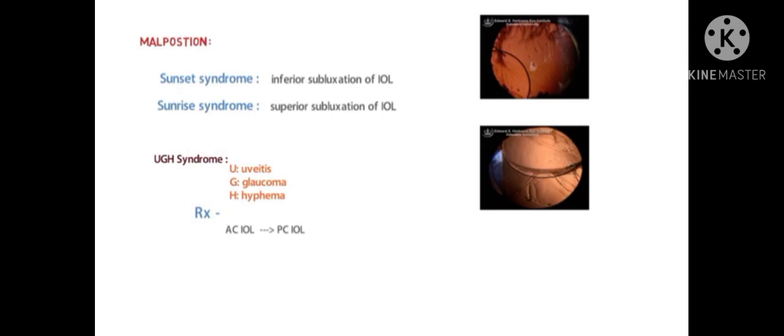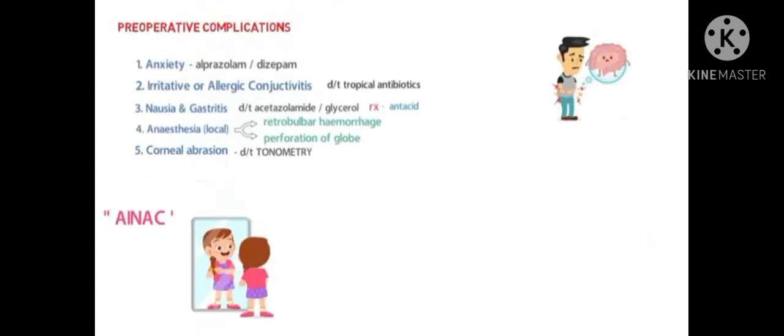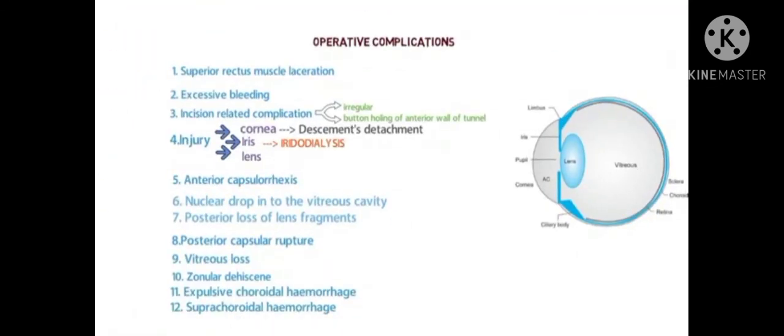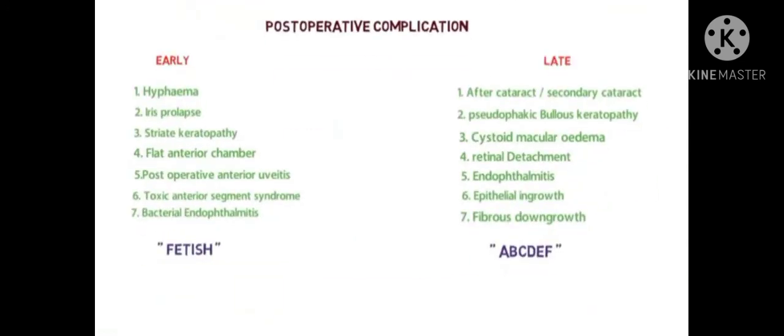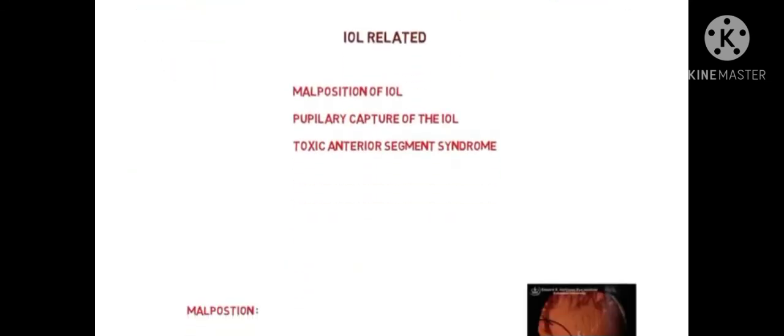Okay, so this is all about the complications of cataract surgery, in which we first discussed preoperative complications. After that, we discussed operative complications, there are 12 points. And then we discussed post-operative complications, early and late, and we have the simple mnemonics FETISH and ABCDEF. Both have 7 points.